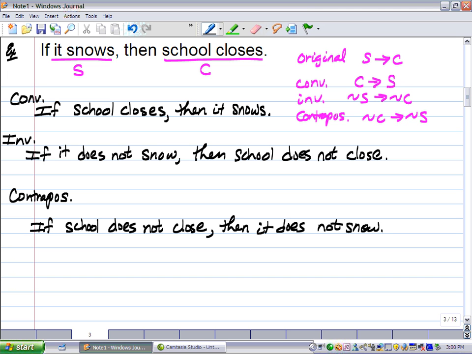If it snows, then school closes. Well, if we look and we see school is not closed, we do know it did not snow because the original said if it did snow, school would be closed, but school's open. Okay, so the original and the contrapositive are the same. The converse and inverse are different.